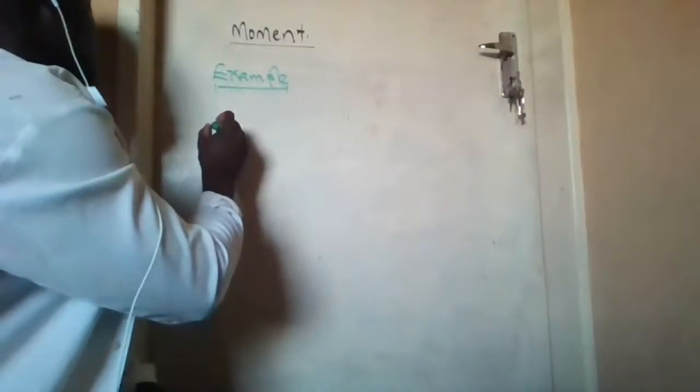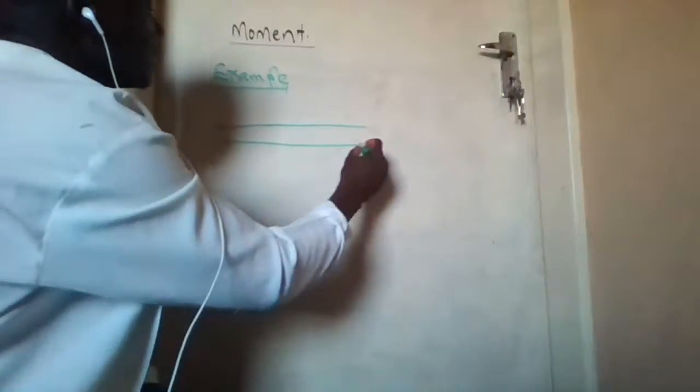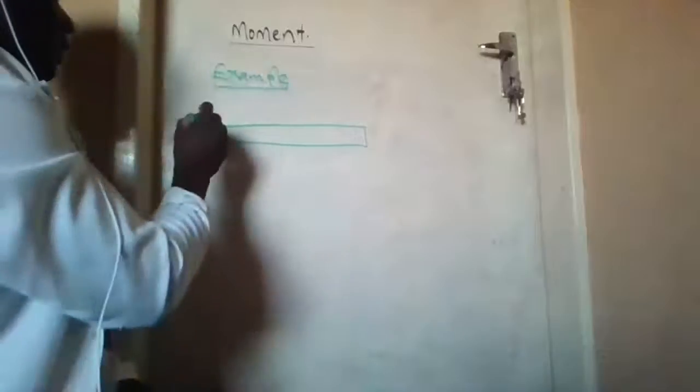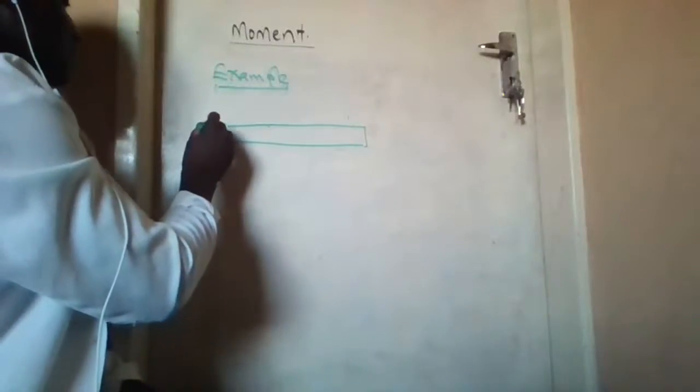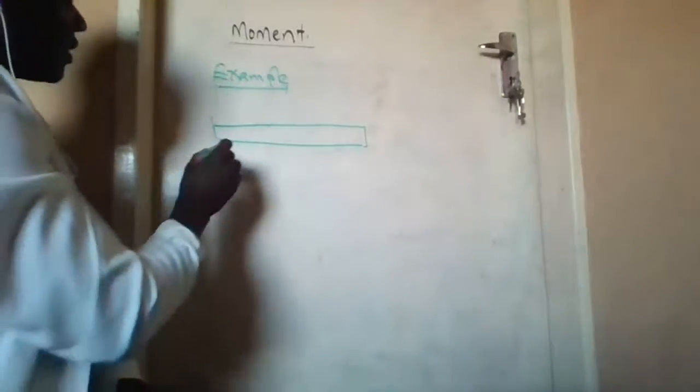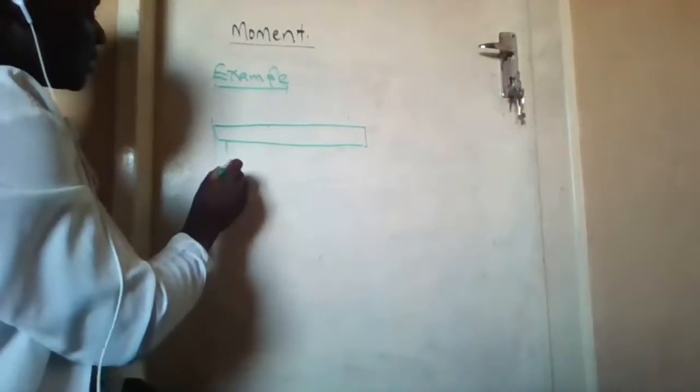If you are given a meter rule like that, then this part here is fixed on the wall, which we can call the pivot.